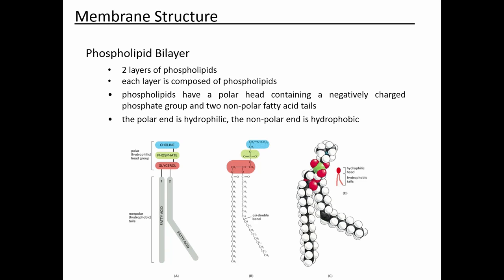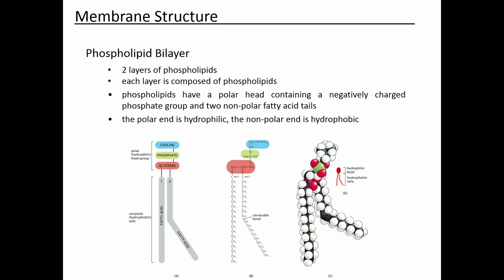That's what they're showing you here in this picture. Here's glycerol, the phosphate group attached to the glycerol, and then the nitrogen-containing group attached to this particular phospholipid is choline. All of that makes up the hydrophilic head, and then the two fatty acids, which are also attached to the glycerol, these two down here, are the hydrophobic part of that molecule.